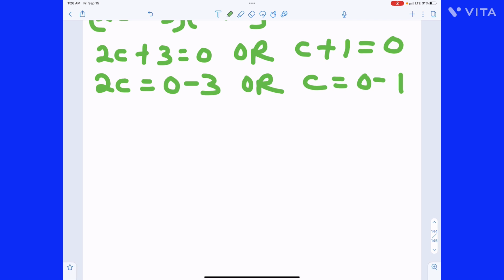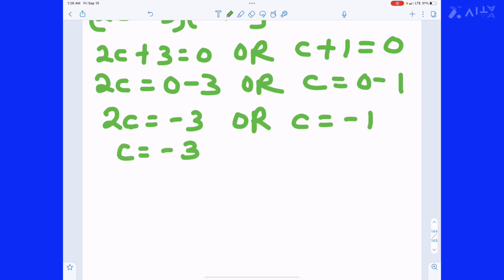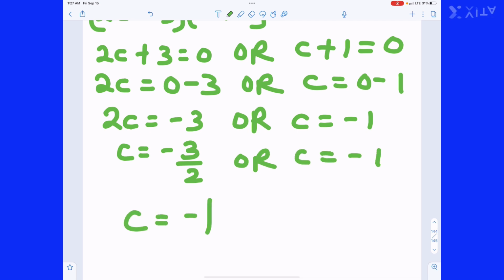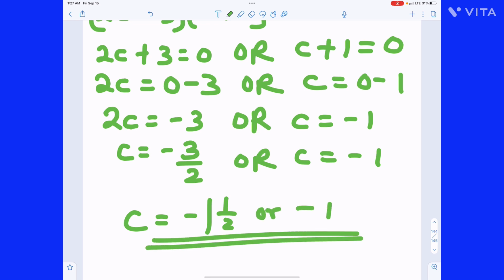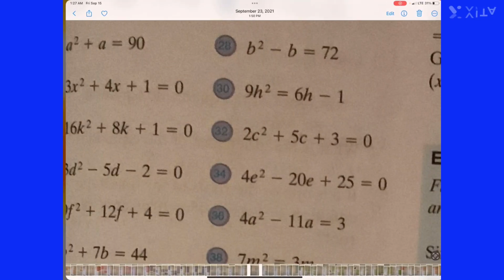So 2c is minus 3, or c is minus 1. C is minus 3 over 2, or c is minus 1. So c is minus 1 and a half, or minus 1.